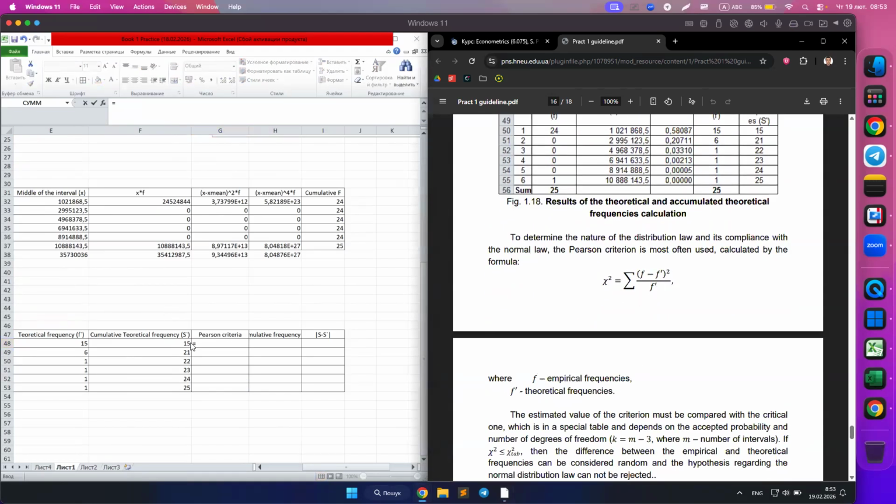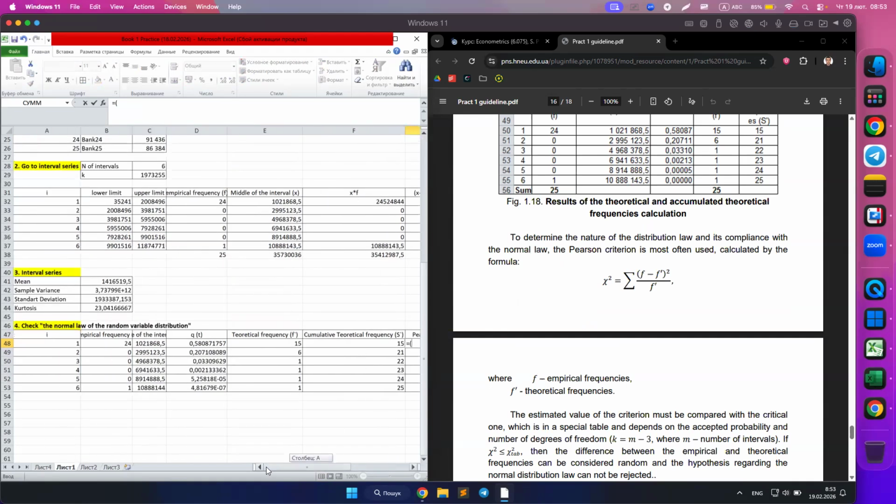This formula. We have to find our empirical frequency minus our theoretical frequency, squared, and divide by our theoretical frequency.